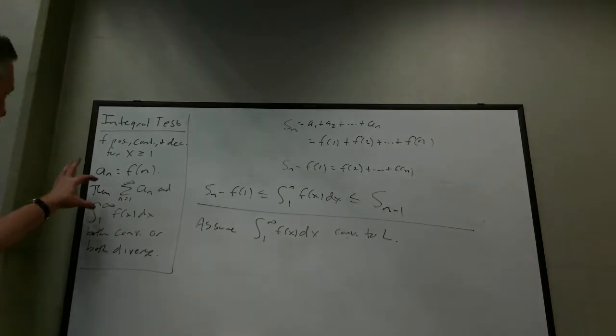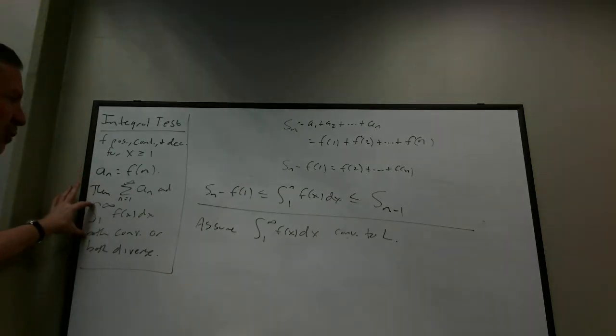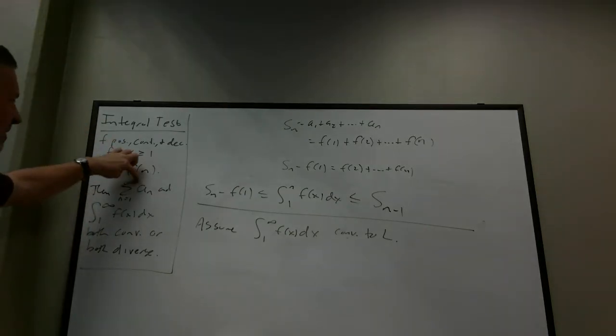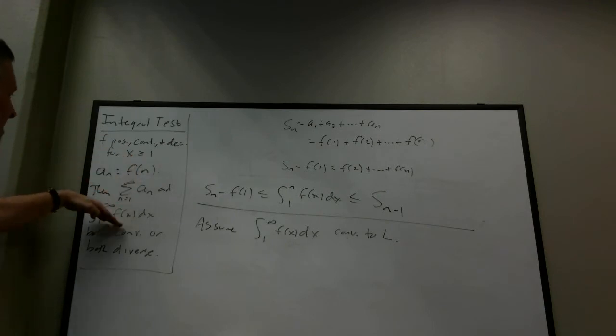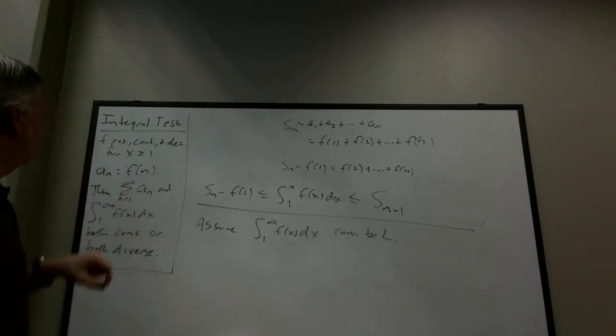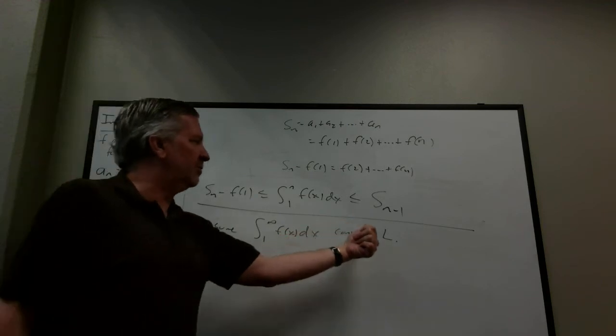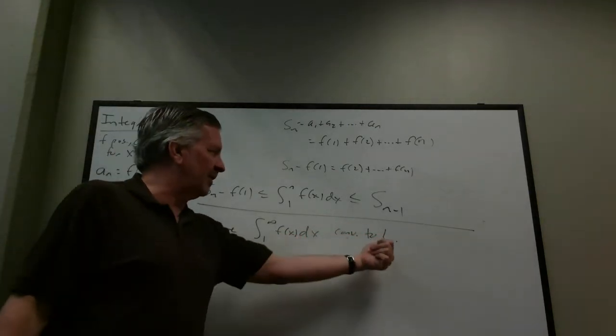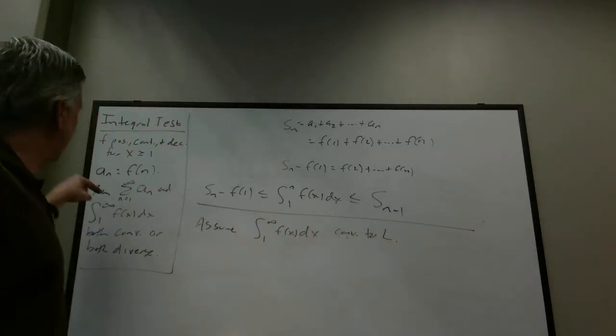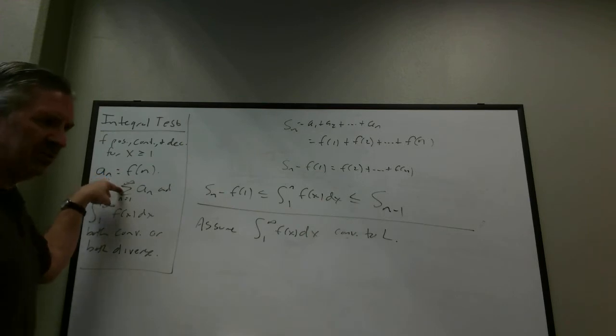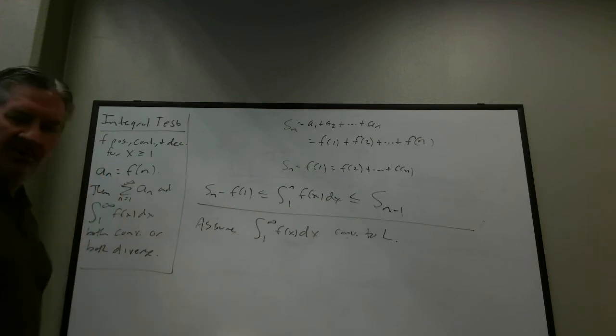So if we assume the improper integral converges, we have to show that the series converges, because the theorem says either both converge or both diverge. So if I assume the improper integral converges to L, I have to show that the series converges. Now again, if the improper integral converges to L, that doesn't mean that the series converges to L, okay? It could be completely different.